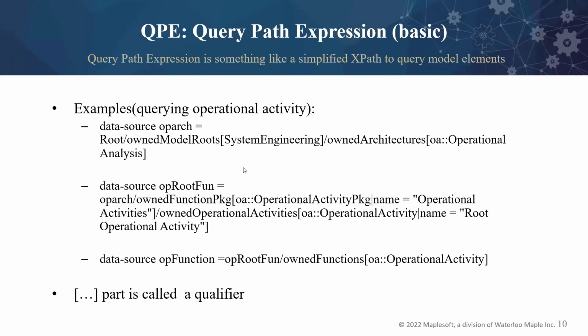And we can break the queries apart or chain them together. So to get the operational activity from the operational analysis package, I find the operational activity package. From the operational activity package, I find the root operational activity. From the root operational activity, we navigate to the different owned functions that are of the type operational activity.